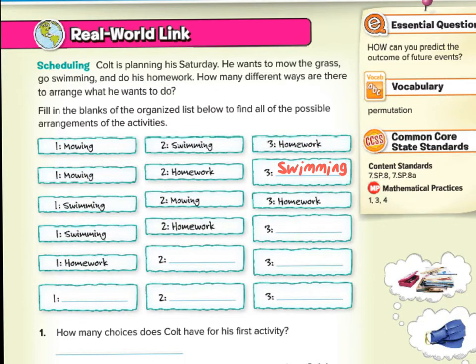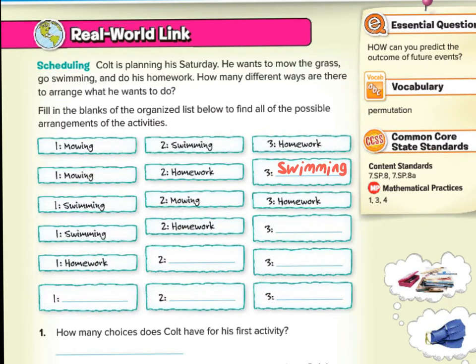So make sure that for every single line we cover every event. So now here I would have swimming, homework, and then mowing would be the next one. Over here we have homework, it could be swimming and mowing, and then homework, mowing, and swimming.